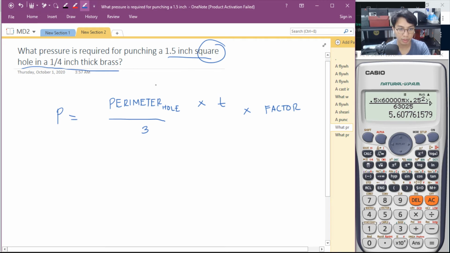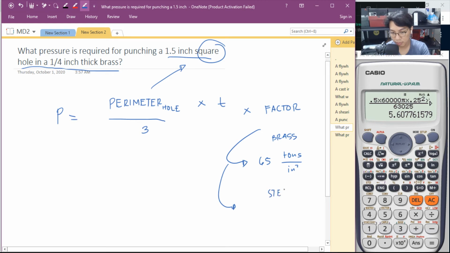Ito, perimeter ng hole. Ito, square. Thickness ng plate. Itong factor na to, tignan mo. 65 tons per inch squared kapag brass. Okay? Kapag naman steel, that is 80 tons per inch squared.